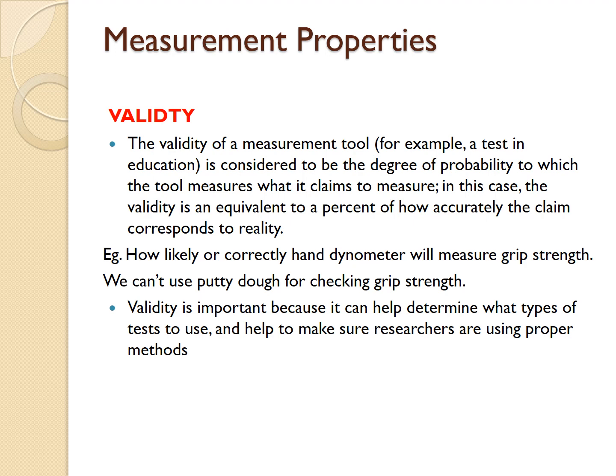So validity is important because it helps to determine what types of test to use and helps us make sure researchers are using proper methods, because if the measurement of interest is not valid enough, we won't know how accurately the test has measured, for example, range of motion. Take an example here.